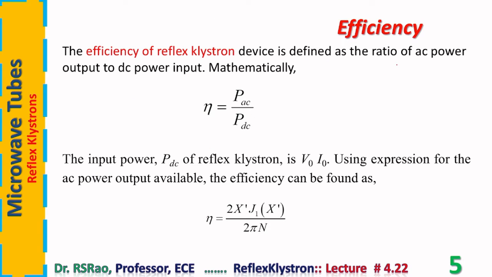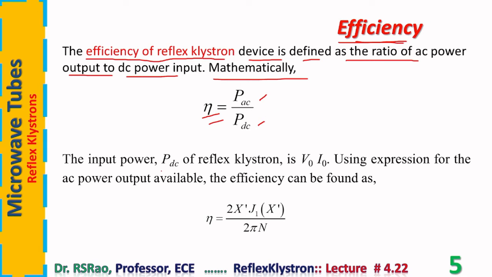After output power, we consider another important parameter, efficiency of reflex klystron. The efficiency of a reflex klystron device is defined as the ratio of AC power output to DC power input. Mathematically, eta stands for efficiency. It is PAC by PDC.